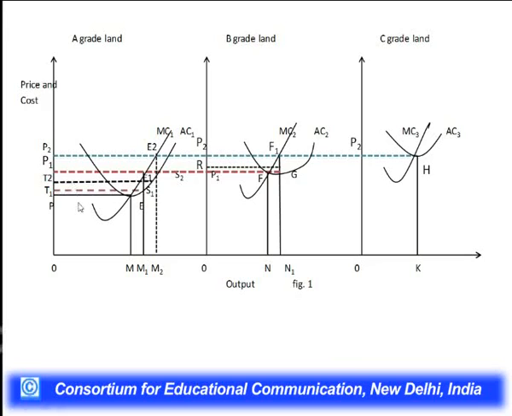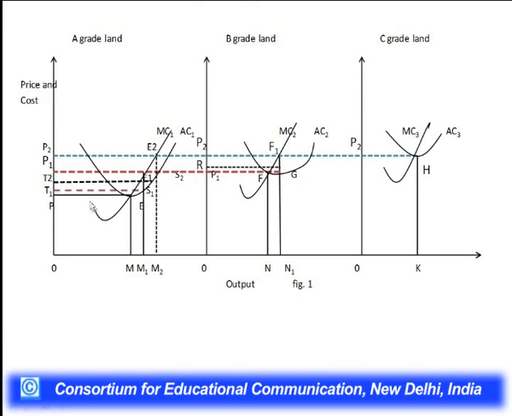Now in this figure you can see that firstly when OP is the price of wheat, there is no rent. Now OM is the output produced by employing some labor and capital.